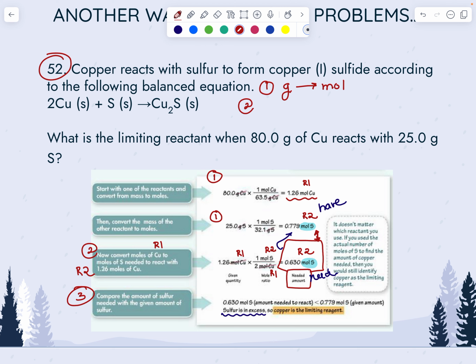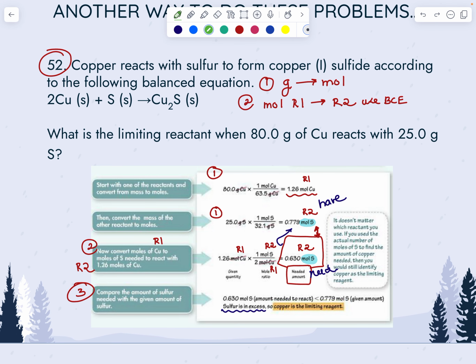Step number 2 is converting moles of reactant 1 to moles of reactant 2. And you're going to use the coefficients from the balanced chemical equation to do that. That's down here. And then the third step is not really a math step. It's a logic step.